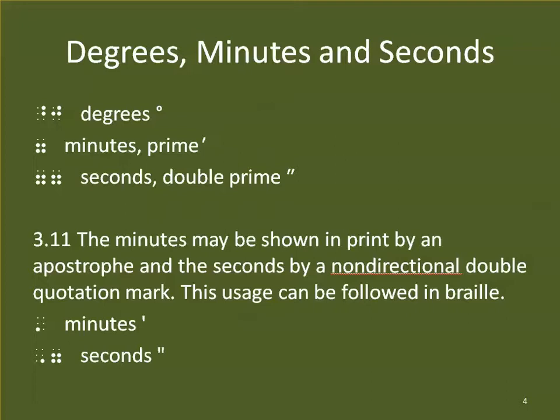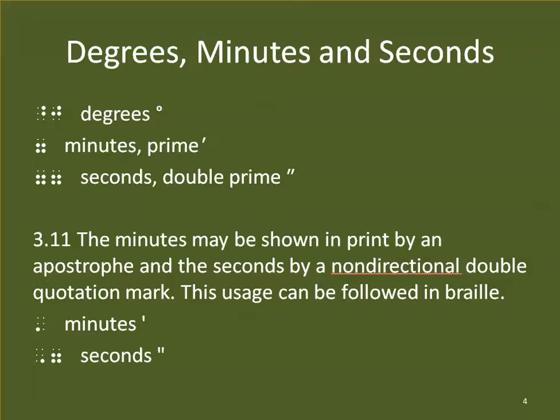Sometimes the minutes and seconds are shown with non-directional punctuation. So the minutes might be shown with an apostrophe, and the seconds might be shown by a non-directional double quotation mark. We'll talk later about what non-directional means, but just for now, know that it's this dots 6, and then 2, 3, 5, 6.